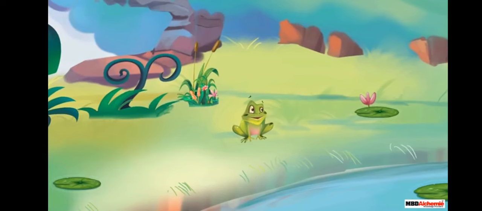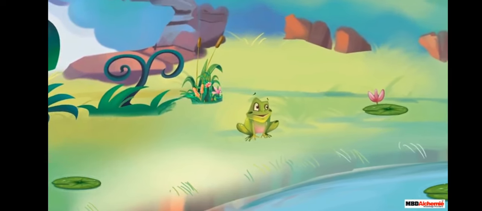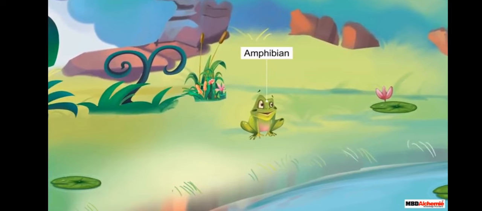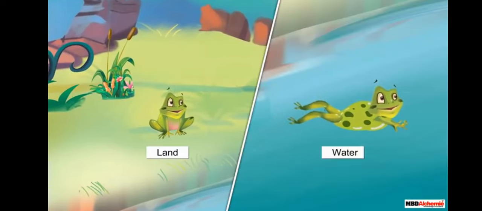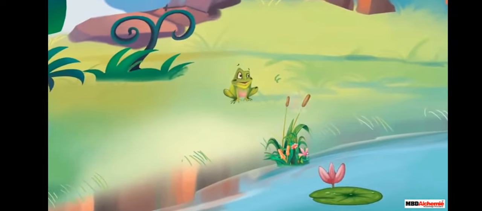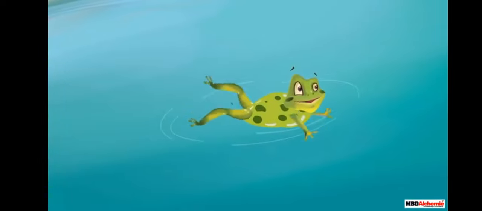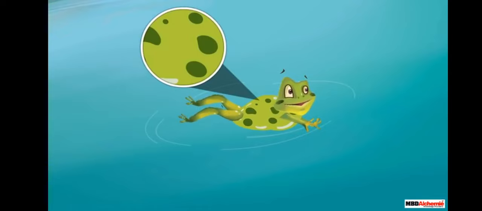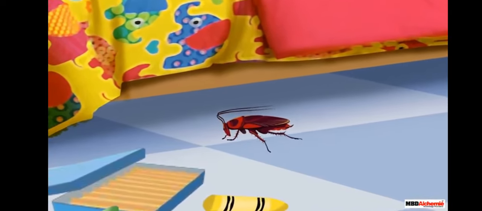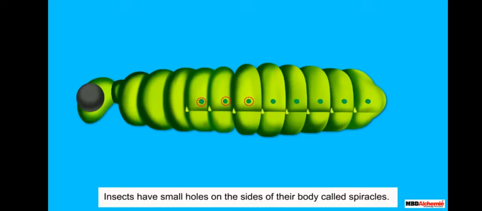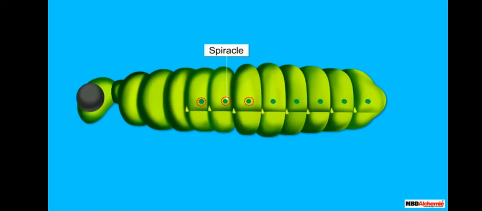Now, let's look at the breathing organ of an amphibian. A frog is an amphibian. It lives both on land and in water. On land, it breathes through lungs, whereas in water, it breathes through its skin. Next, let us learn about breathing organs of insects. Insects have small holes on the sides of their body called spiracles.